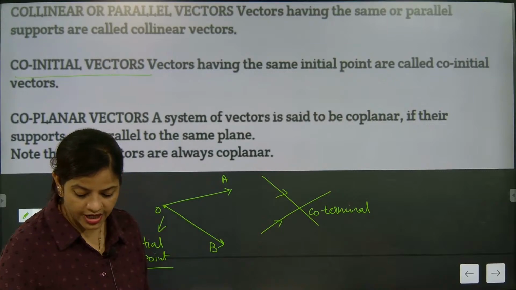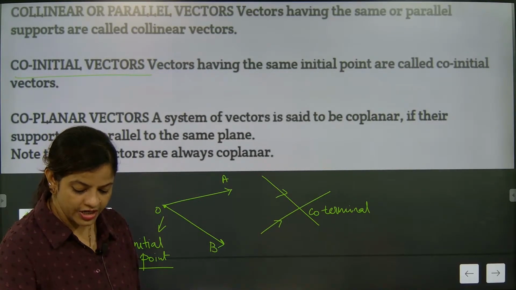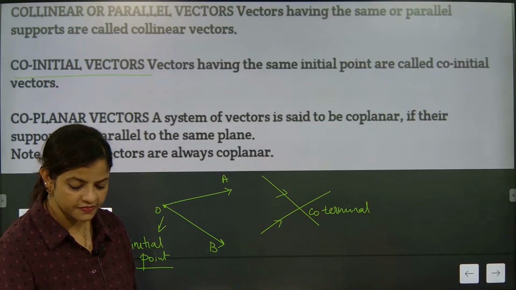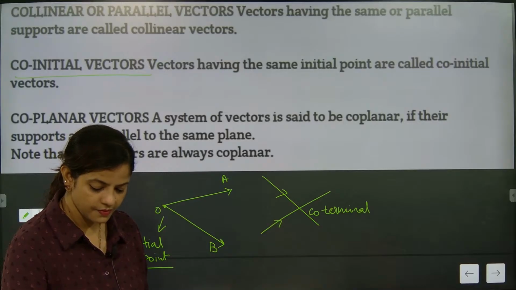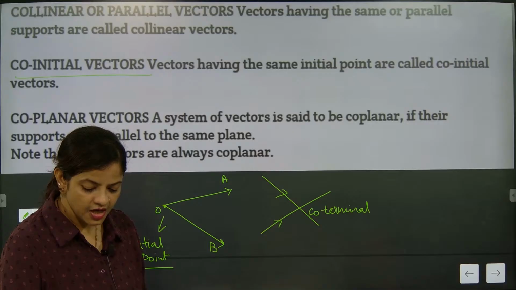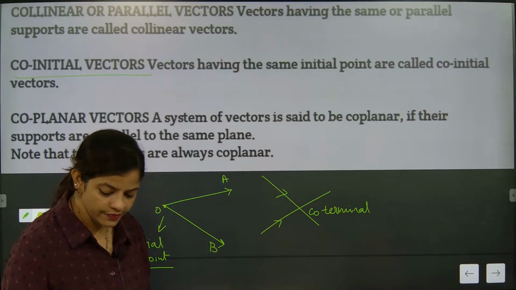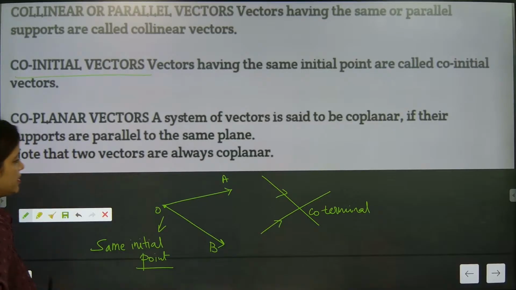Did you understand co-initial and co-terminal vectors? I hope you have understood this.